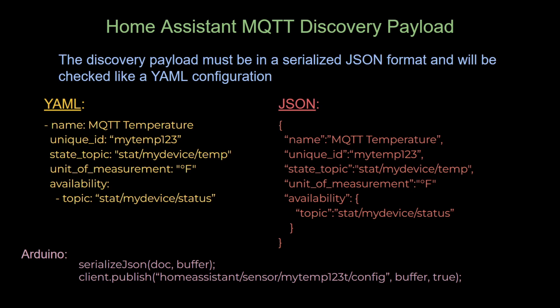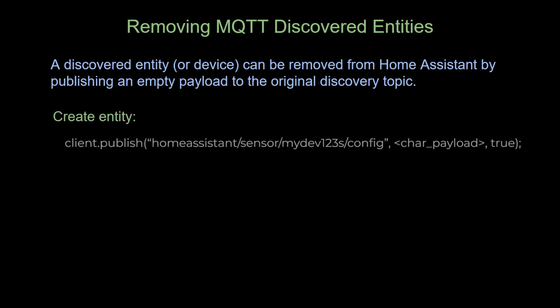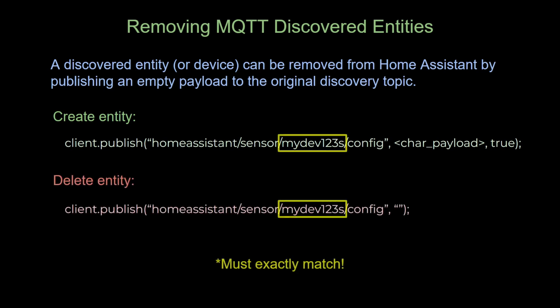So as easy as it is to add an entity through discovery, it's also just as easy to delete or remove one. We can remove any of our discovered entities by simply publishing an empty payload to the original discovery topic. So if we created our entity by publishing this topic, then all we have to do to actually remove that or delete it back out of Home Assistant is to publish to the same exact topic, but with an empty payload.